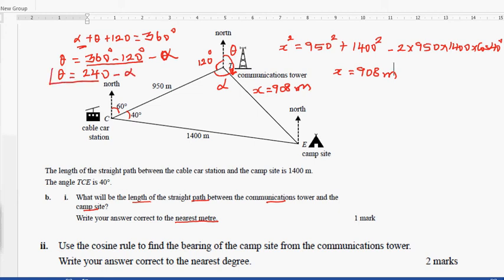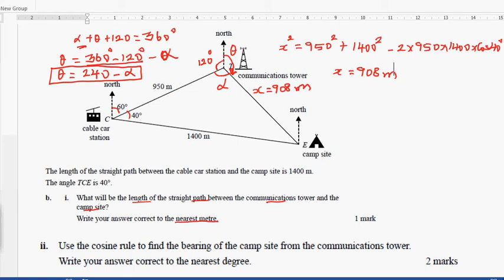So now, we have to figure out how to find alpha. Well, you have these two sides and this is the included angle. So you've got three sides of a triangle, so you can again use the cosine rule.